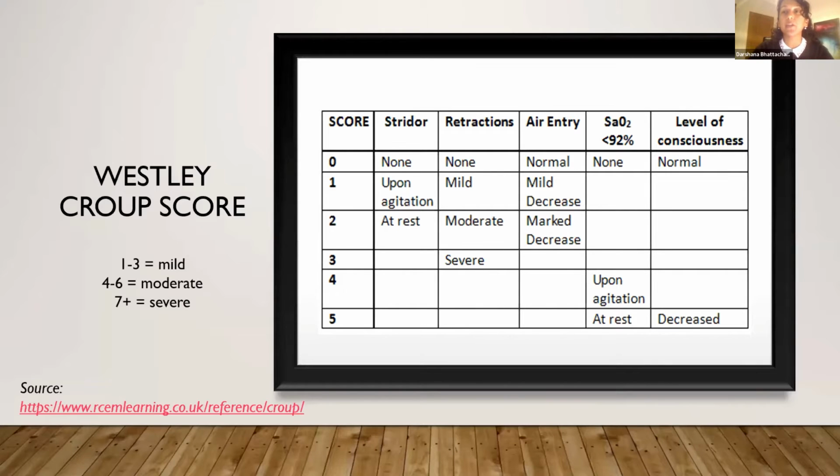If you're able to measure their oxygen saturations, then that's a real bonus. But often you'll find that these children don't want to be handled, they don't want to be examined, and it can be a bit of a battle actually getting quite close to them. So really use your eyes when you're examining these children. Look at their work of breathing, listen to the noises that they're making, and just really look at them as a whole.